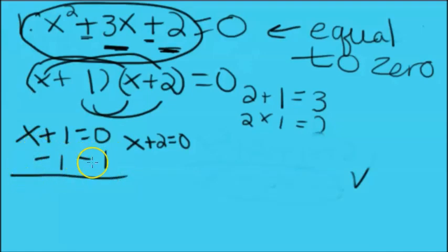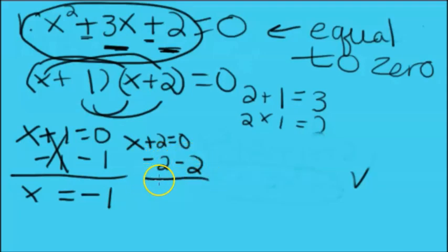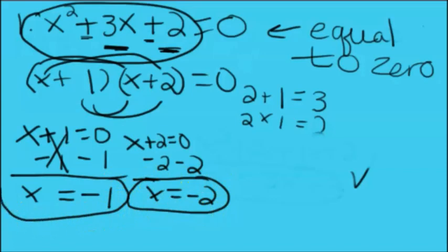So we have to subtract the 1. This will cancel out, so we have x is equal to negative 1. And then you also subtract the 2, which gives x is equal to negative 2. So x is equal to negative 1 and x is equal to negative 2 are our answers.